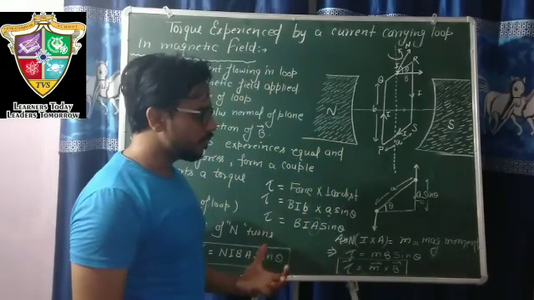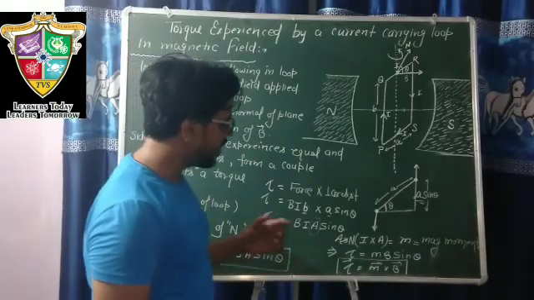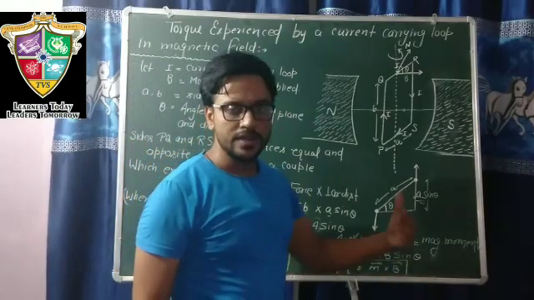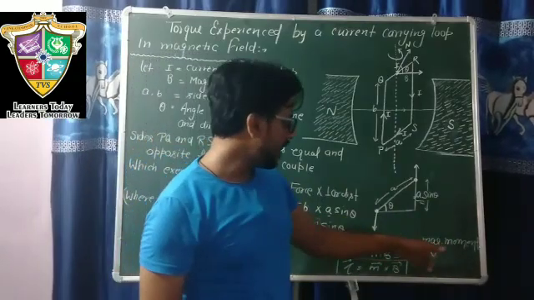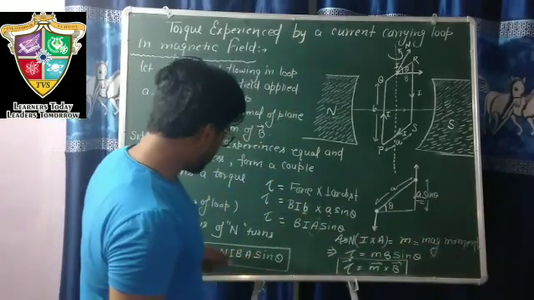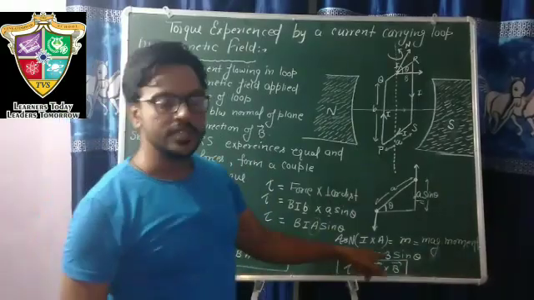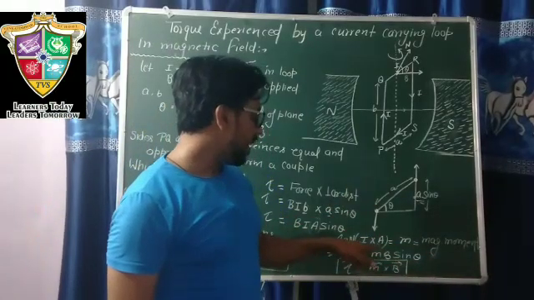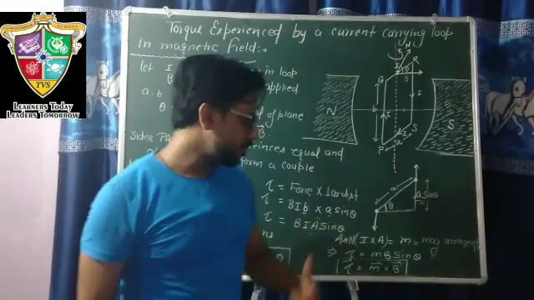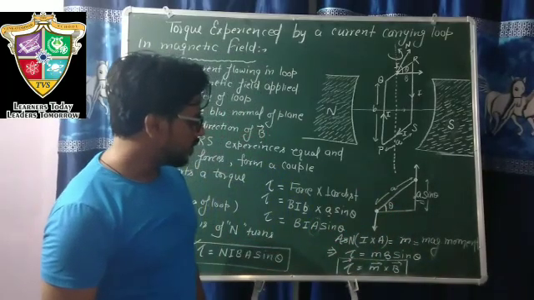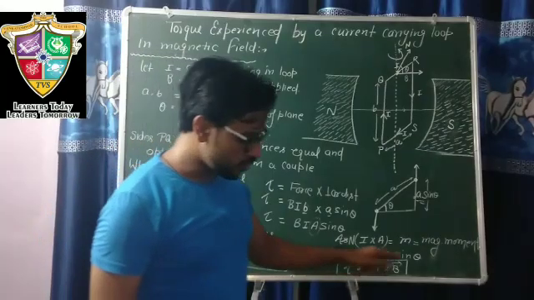So the magnetic moment of that loop is given by current into area, and if n turns are there, then nIA is termed the magnetic moment, small m. So this relation becomes mB sin theta, and as m and B are vector quantities, if I write this formula in vector form, then torque is m cross B.